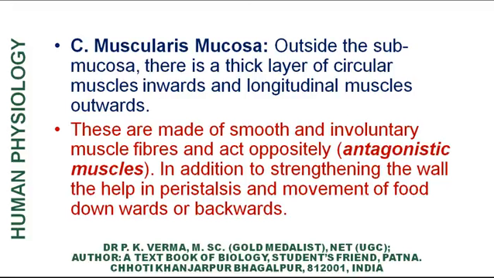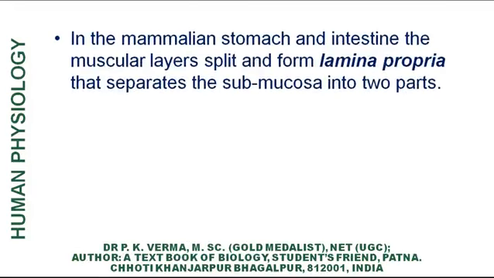They help in peristalsis and movement of food downwards or backward. In the mammalian stomach and intestine, the muscular layers split and form lamina propria that separates the submucosa into two parts.